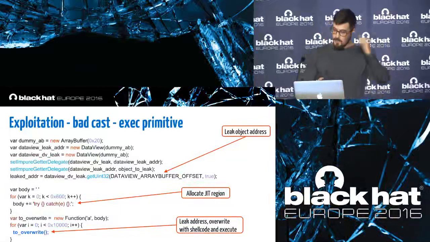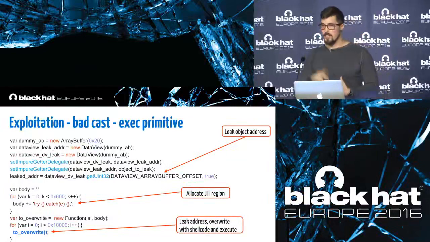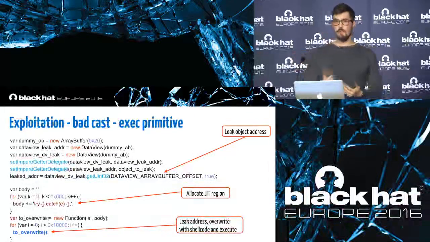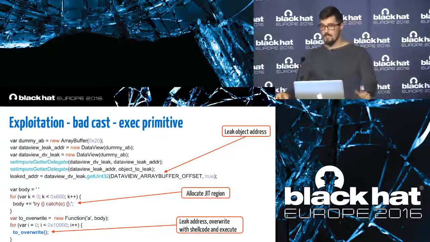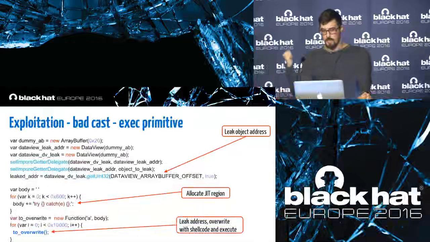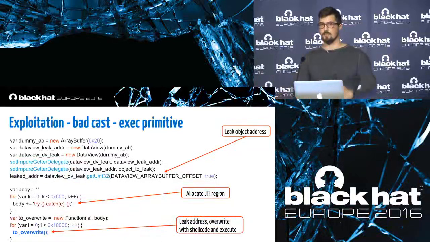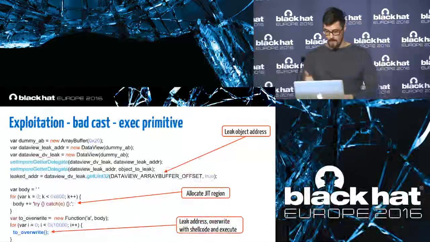This will lead the JIT to try to compile JavaScript to native code. For that purpose, a readable, writable, executable segment will be allocated. We can leak the address of this segment, overwrite it with shellcode, and call the function to execute it. So this is how the kernel got re-exploited on each device boot by using JavaScript.